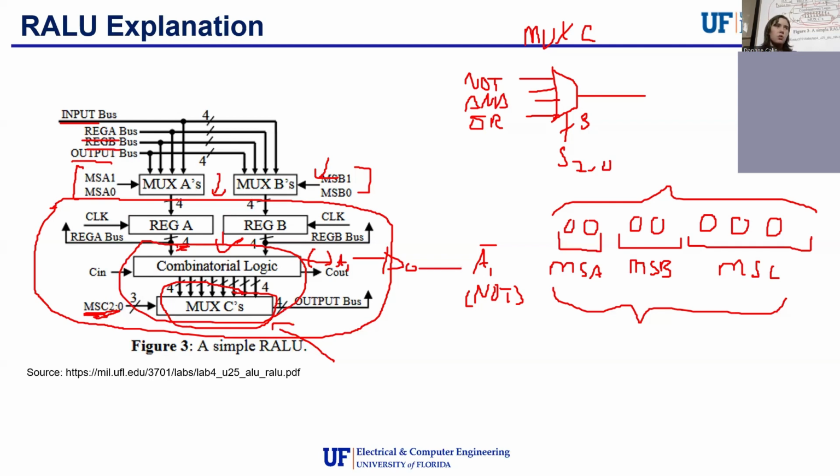Instructions will take a certain number of clock cycles to execute, but that is determined by the time it takes to put things in register A and register B. You want to avoid race conditions or things being messed up by not being synchronized. So the clock determines what goes into register A or register B, but when you do your table, the output bus will immediately change as soon as register A and register B change. So it's not a separate clock, is what I wanted to say.